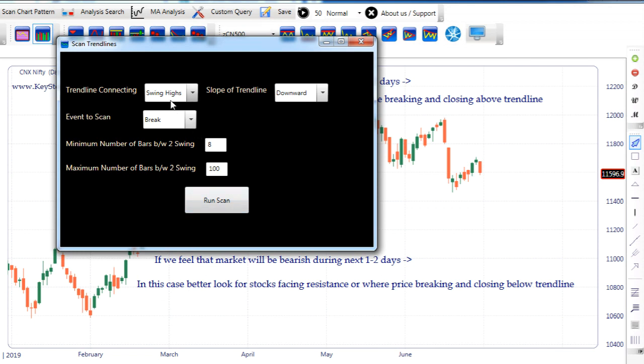Now it will be easier for you to understand trend lines connecting any swing highs, upward or downward, depending on the market situation.